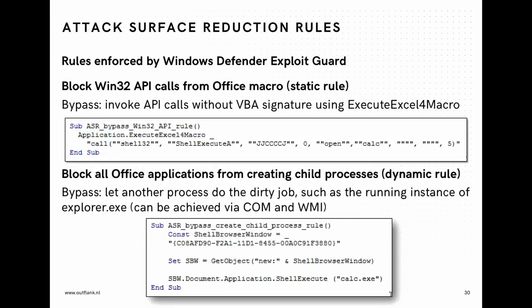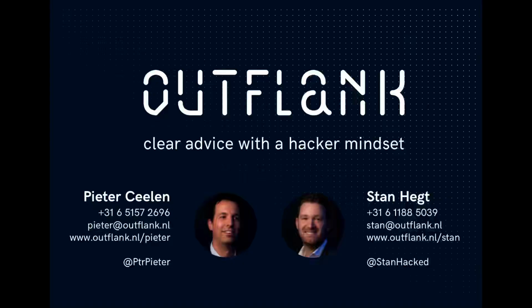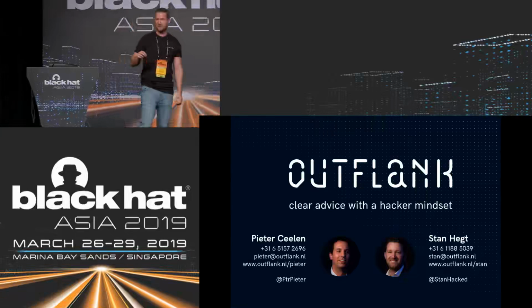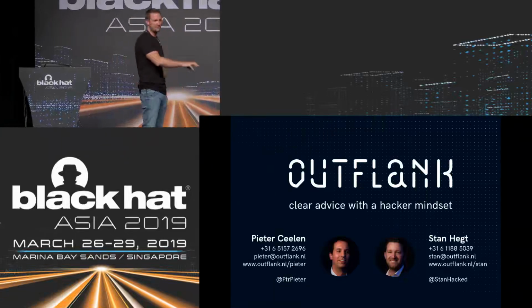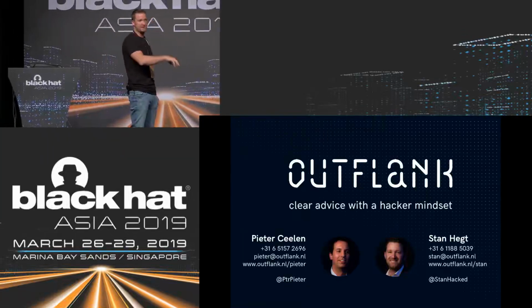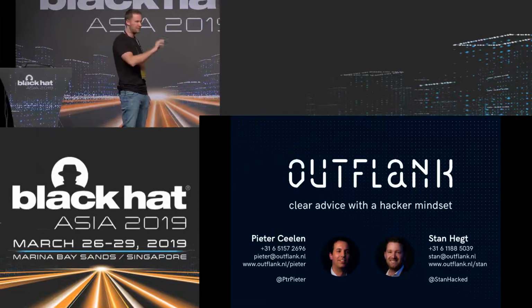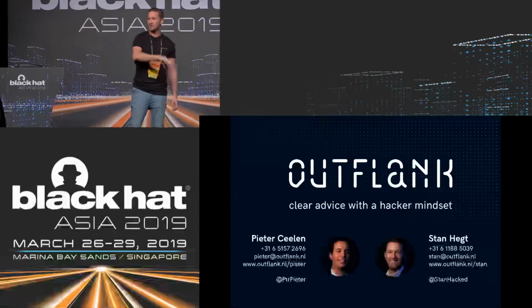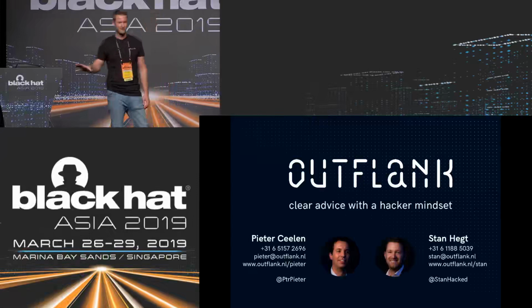You can do these kinds of tricks both with COM and WMI, but these are the most famous ways to bypass ASR. This concludes our presentation, and what we have shown you is that there are both archaic features like Excel 4.0 macros and fields that can be abused, but also new features like Power Query with the M language, which are really promising for abuse as well.